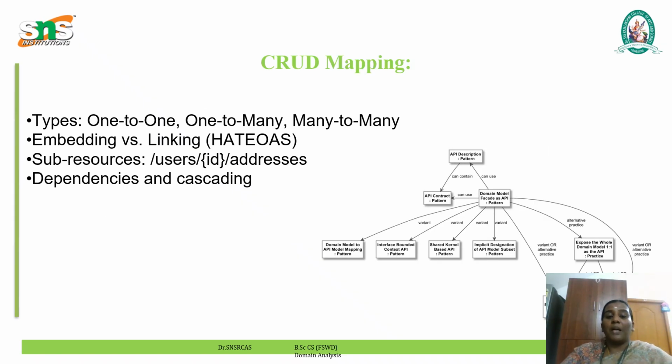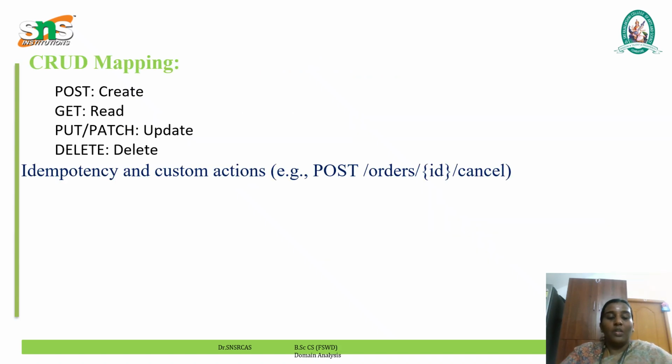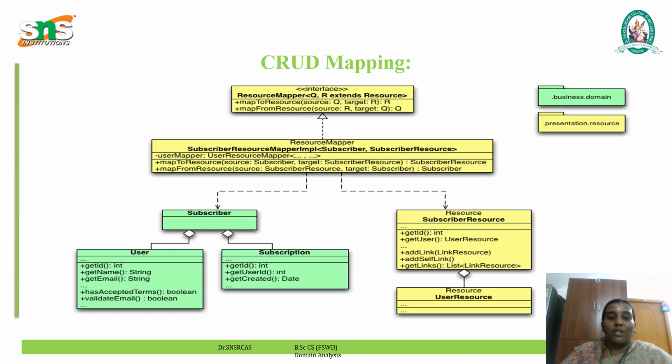This is the CRUD mapping, which is create, read, update, and delete, with one to one, one to many, many to one, embedded, and linking with HATEOAS. In custom actions for ordering carts, with an ID, giving a delete and patch with an API, application programming interface.